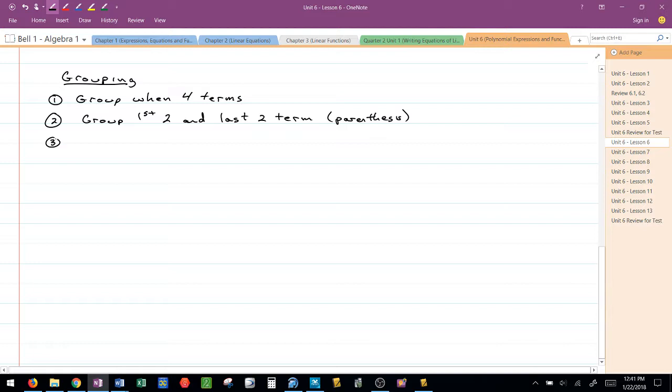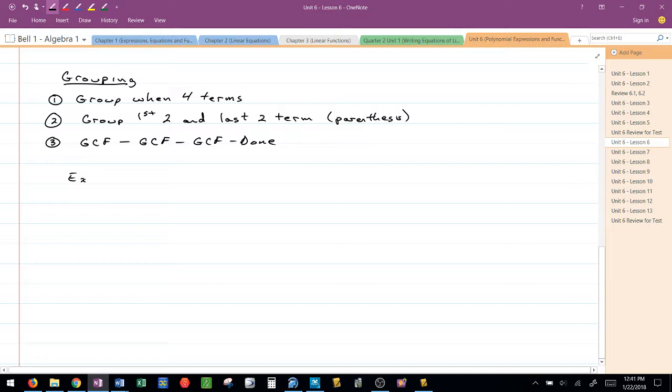All right, step 3. I want you to think of this pattern. We're going to go GCF of the first group, GCF of the second group, and then we're going to go GCF done. I know it kind of sounds a little strange right here, but you'll see as we go through some of these examples.